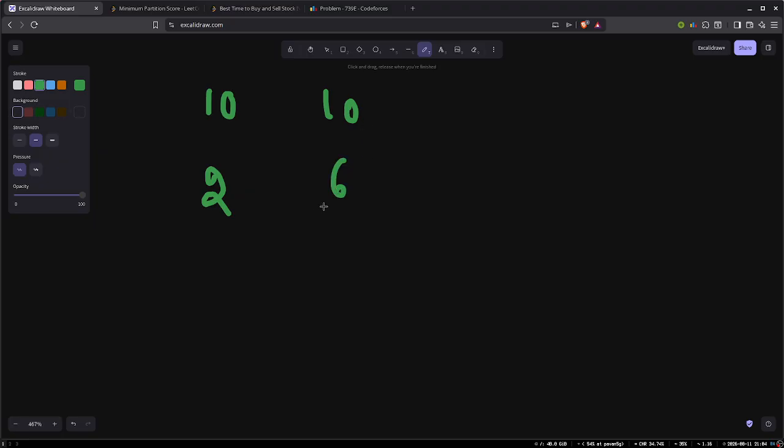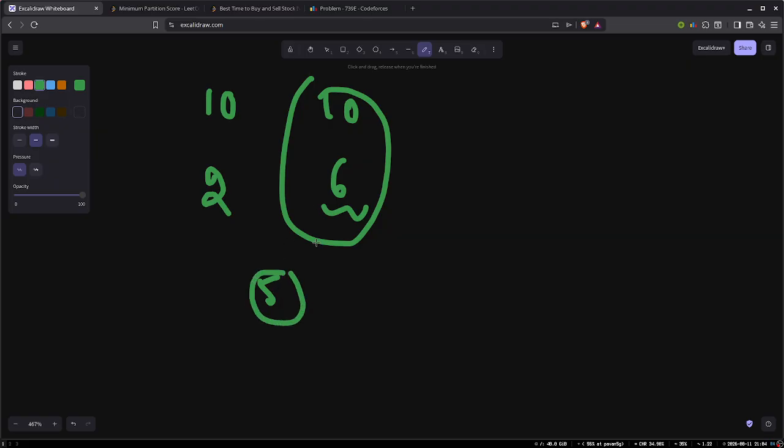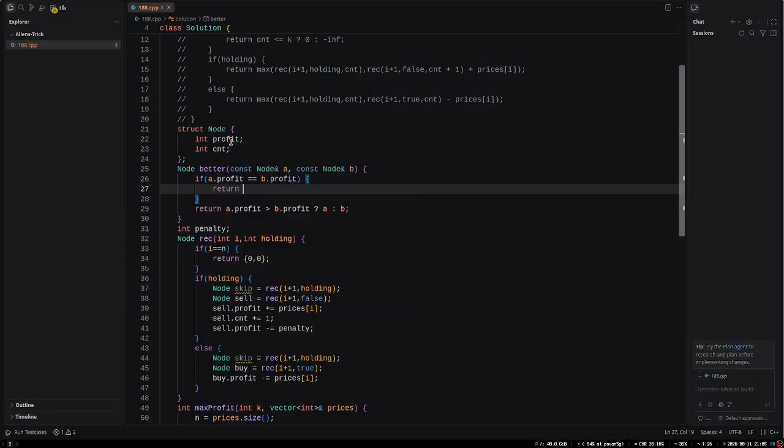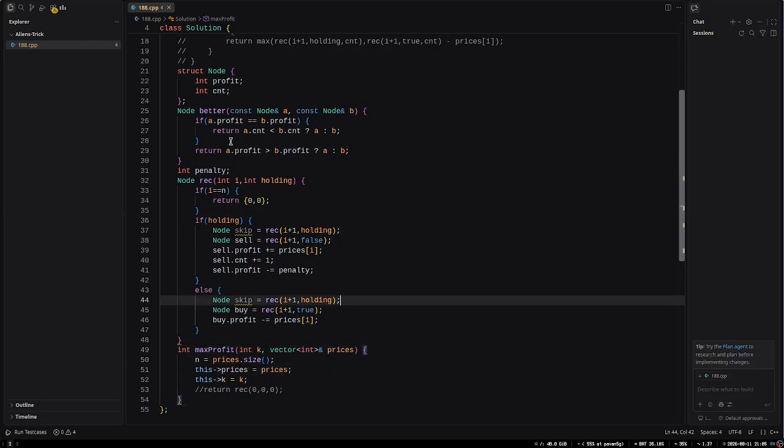If I'm taking the one with 6 transactions and my k is equal to 5, this particular thing would get pruned. If I'm considering the other, I'm getting the 10 profit and it's not getting pruned, so it's always better to take the one with the lesser count. So if a dot count is less than b dot count, then a, otherwise b.